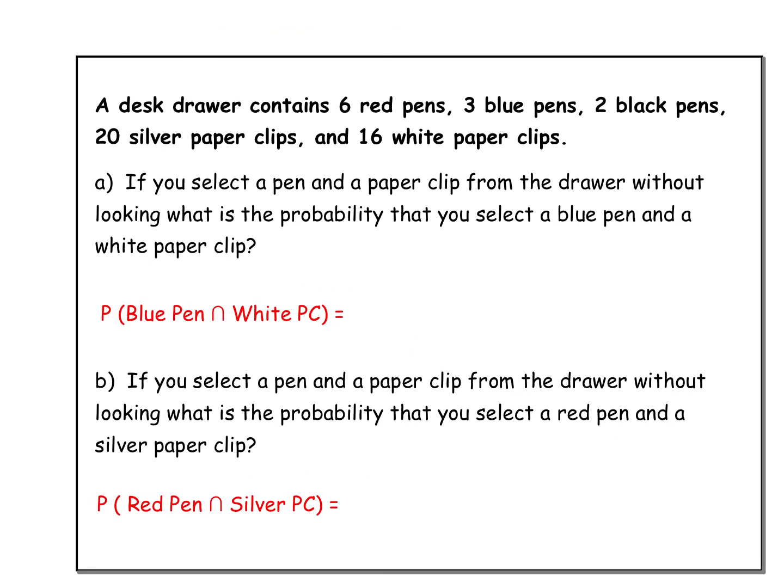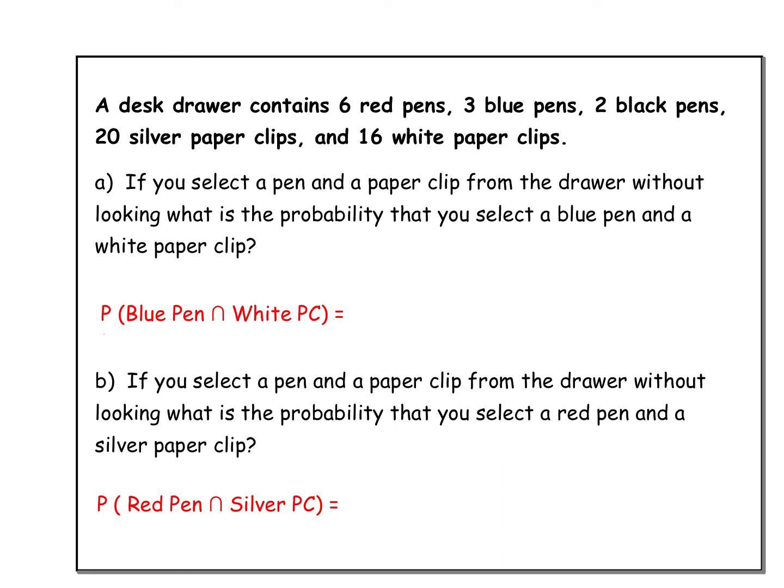A desk drawer contains 6 red, 3 blue, 2 black pens, 20 silver paper clips, 16 white paper clips. If you select a pen and a paper clip from the drawer without looking, what is the probability, P, that you select a blue pen and, so intersection, white paper clip?